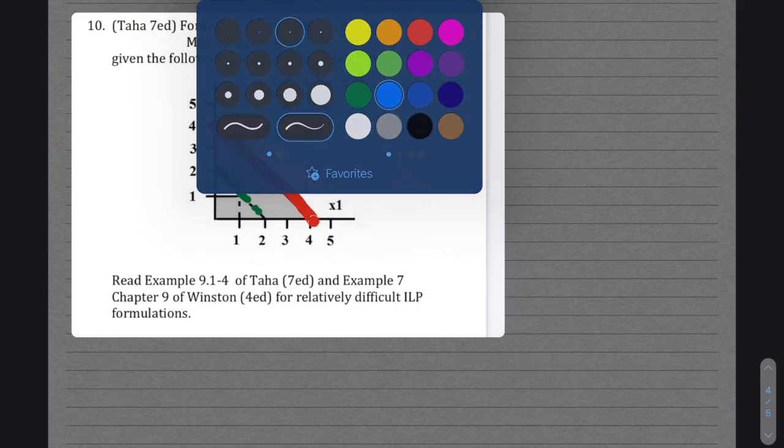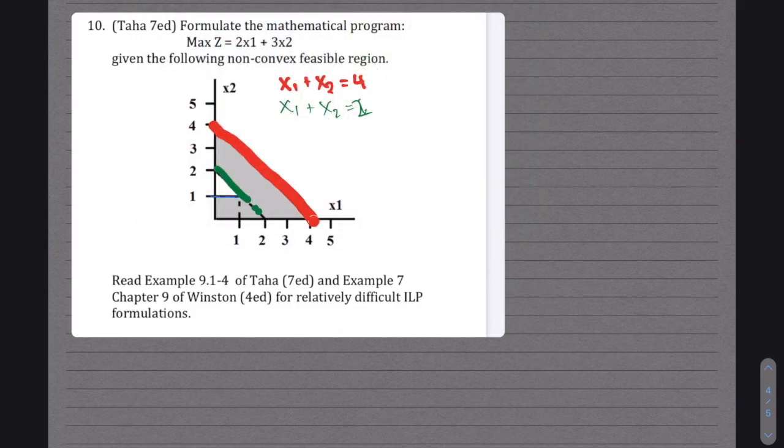And the blue line is given by the equation x2 is equal to 1.